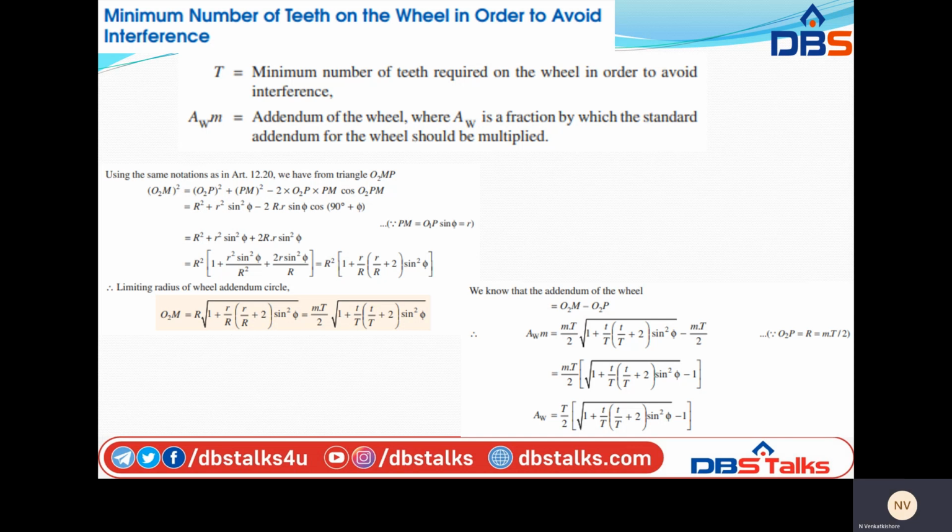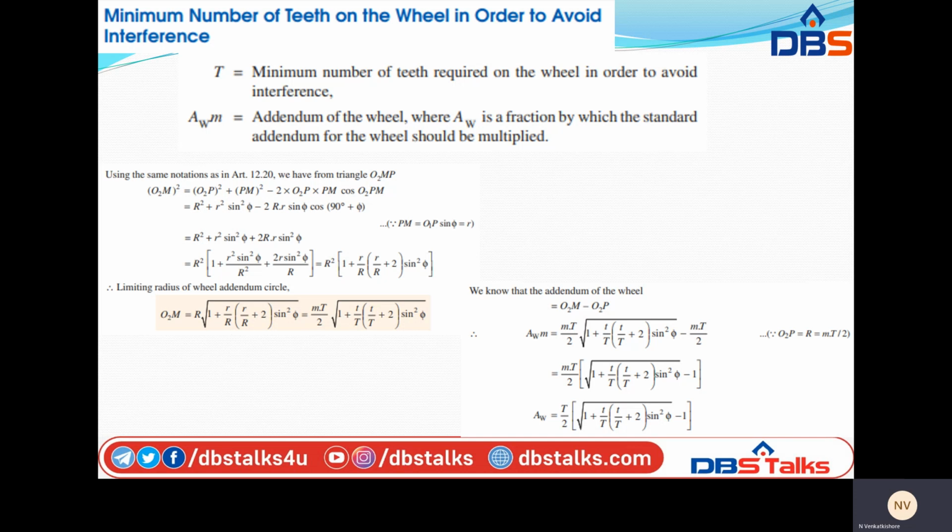So limiting radius of wheel addendum circle, that is O2M, is equal to capital R into square root of 1 plus small r by capital R into small r by capital R plus 2 into sin square phi. So what is capital R? That is the pitch circle radius of the wheel.